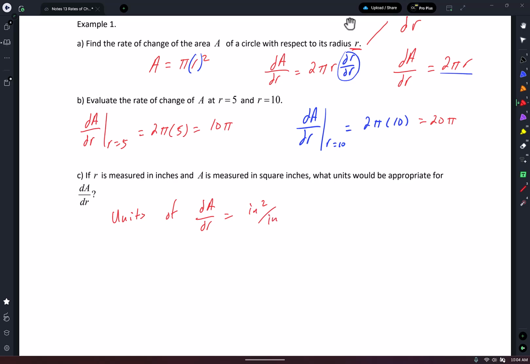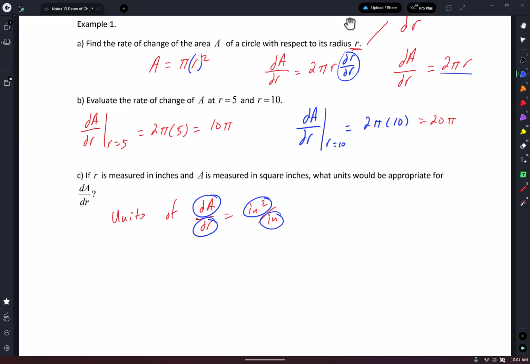Inches squared per, or square inches per inch of radius. Guys, this is just like the difference in area. The difference in area is in square inches. And this is your difference in radius, which is just in inches. See? It's like a delta y over delta x, kind of. But remember, the reason why it's a differential is because we're talking about really small quantities of change.